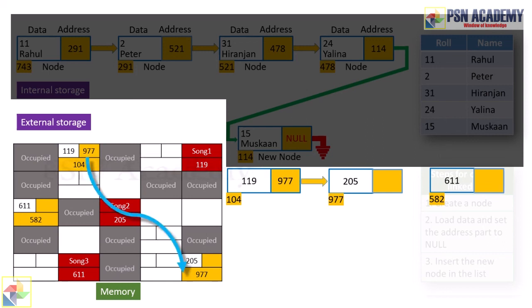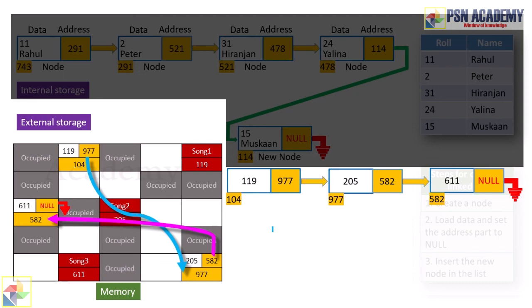So here you also see that the first node is linked to the second node. Similarly, if you put 582, the address of the third node, over here, then you get a link between the second node and the third node like this. And of course, the null pointer is at the end of the third node.